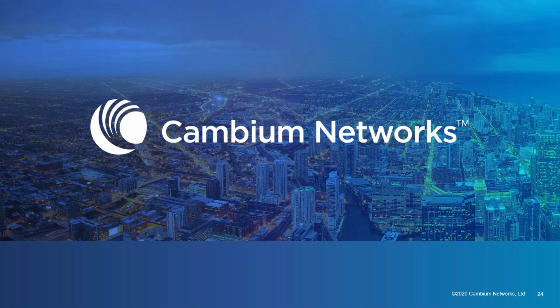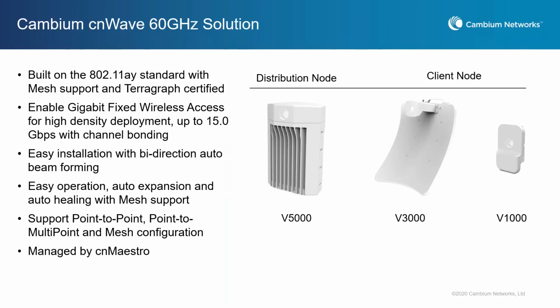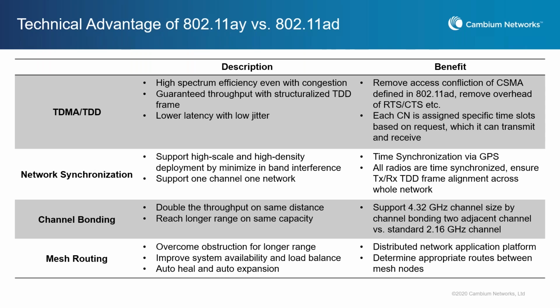So it's best effort. When you move to high density, when you have more contention, the latency becomes a challenge. The throughput is not guaranteed. With 11ay, there is a big improvement with the new TDMA, TDMA PHY design. This really gives you a managed network with guaranteed, much lower, and controlled latency.